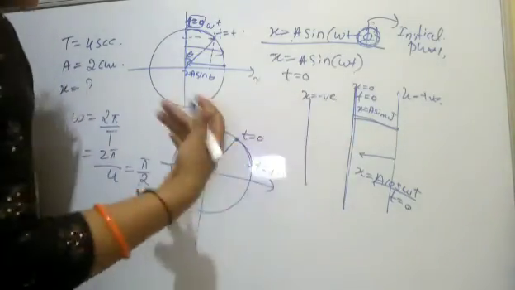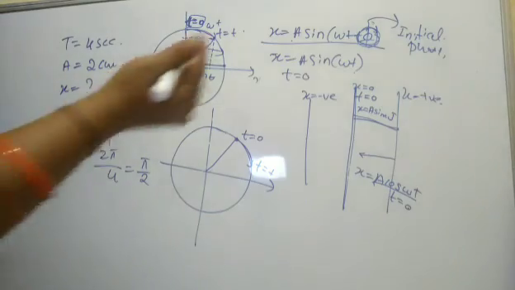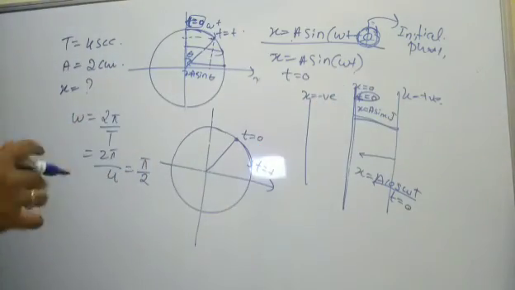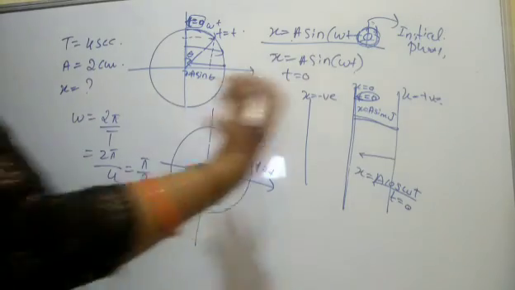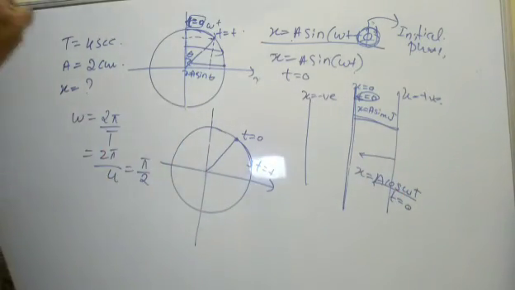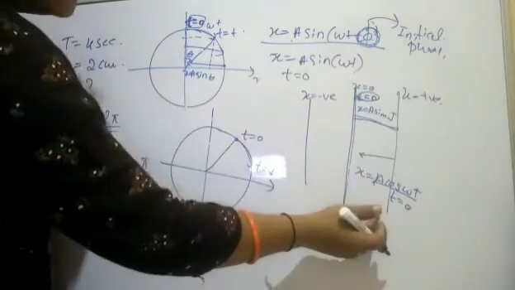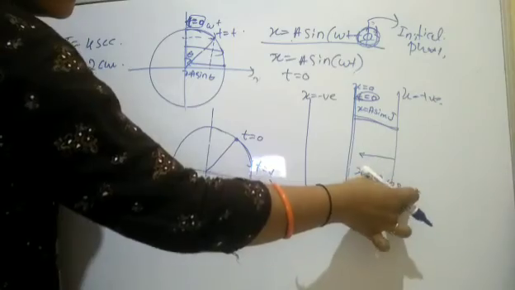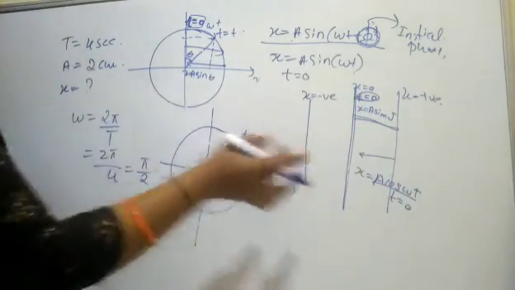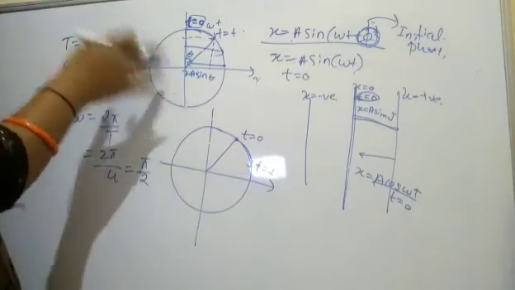When the particle begins to show the simple harmonic motion, at that time t is equal to 0, whether it is in the mean position or the extreme position given in the problem. Similarly, in this circular form, we are studying the projection of the particle.